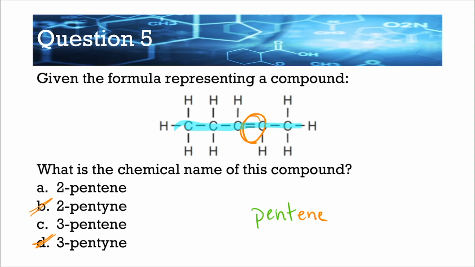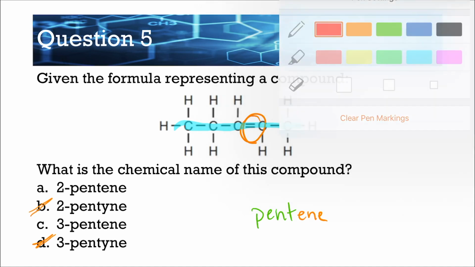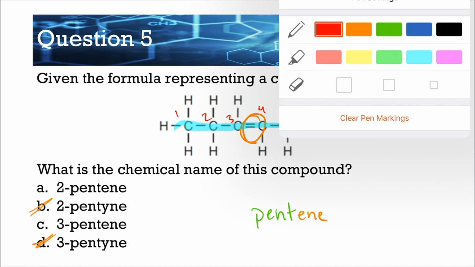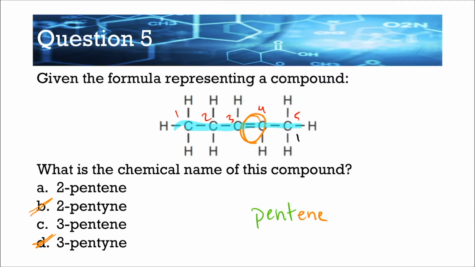But now we've got to give a home to this double bond. If we label our carbons 5, 4, 3, 2, 1, it could be on number 4. Or if we label it the other way, 1, 2, 3, 4, 5, it could be on number 2.